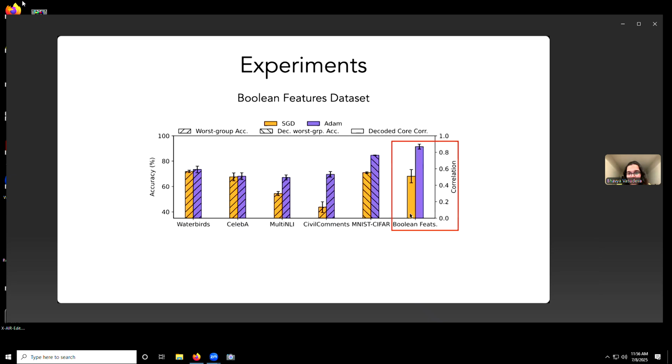And again, we observe that training with Adam leads to performance gains compared to SGD. So all of these results show that Adam promotes richer learning compared to SGD. And that's all. Thank you.